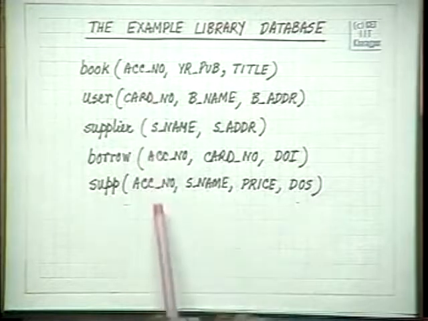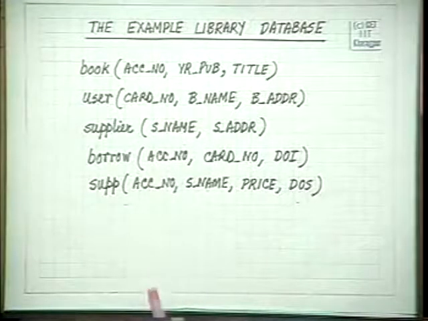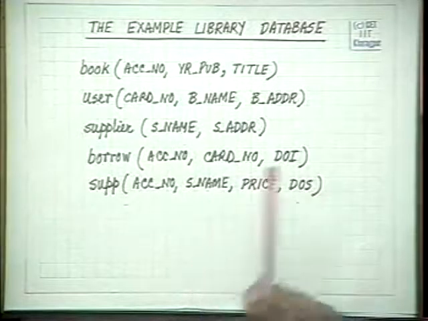So, these things are important and these things need to be checked, because otherwise you will have some very peculiar situations which will arise. These constraints are specified by the concept of referential integrity.